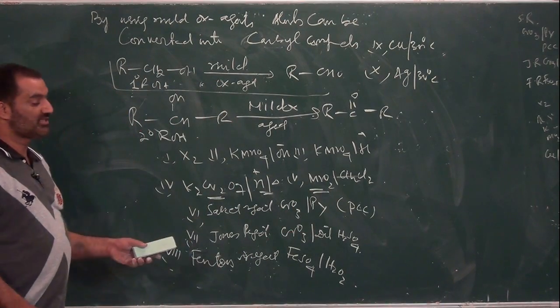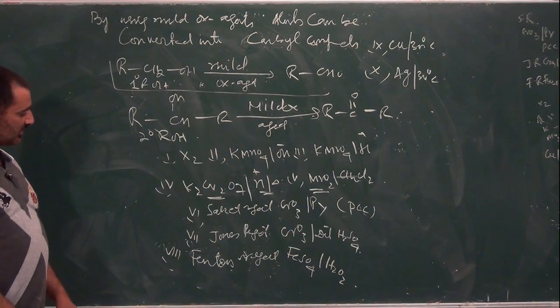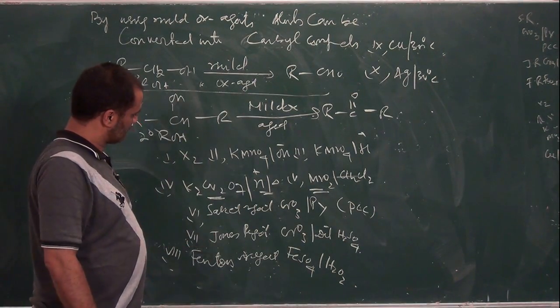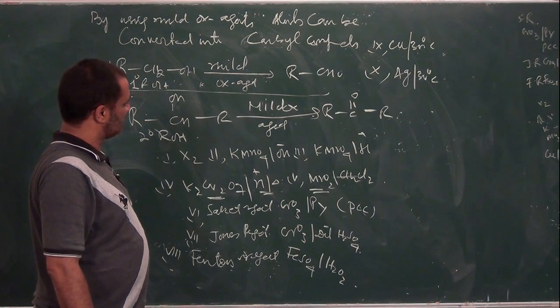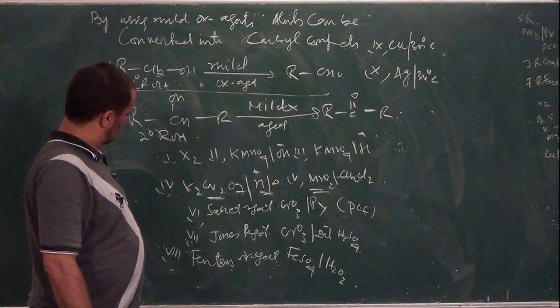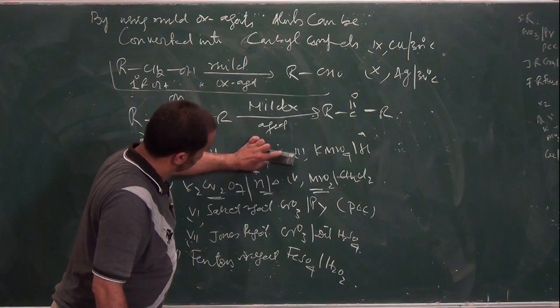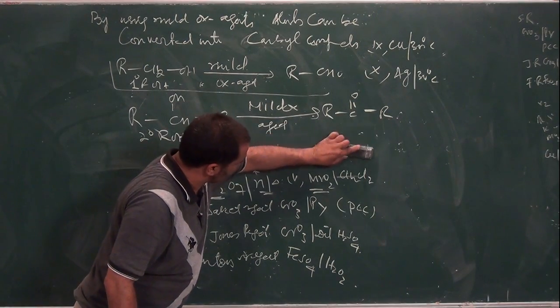These are the mild oxidizing agents. Mild oxidizing agents can convert these alcohols, but not this one. Sorry, KMnO4 is a strong oxidizing agent. This cannot be used, so I am very sorry.